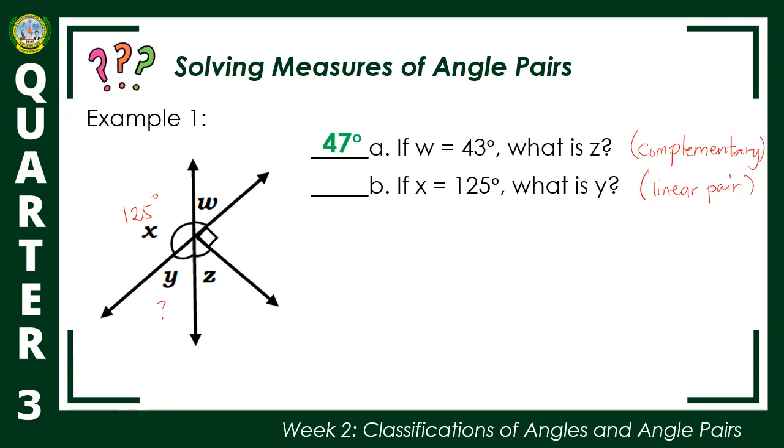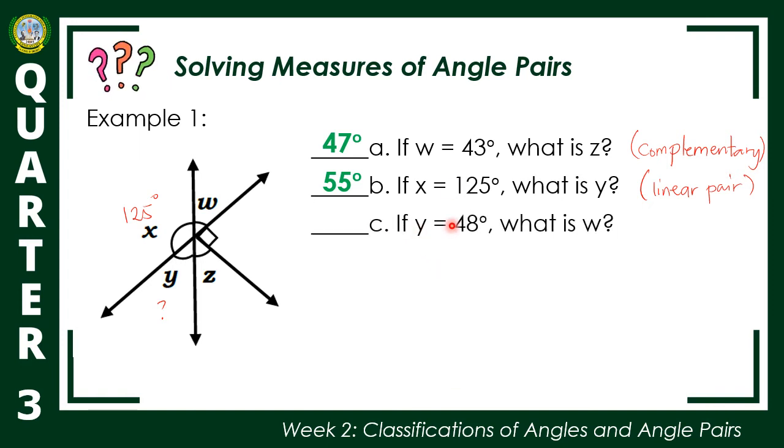So, meaning, if we want to get this missing part of the pair, we are going to subtract 125 from 180 degrees. Kasi nga, supplementary yan, di ba? So, 180 minus 125 will give us 55 degrees. So, 55 po ang value ng y. Okay? So, para ma-check po, pag-plusin nyo, 55 plus 125, it will give you 180 degrees.